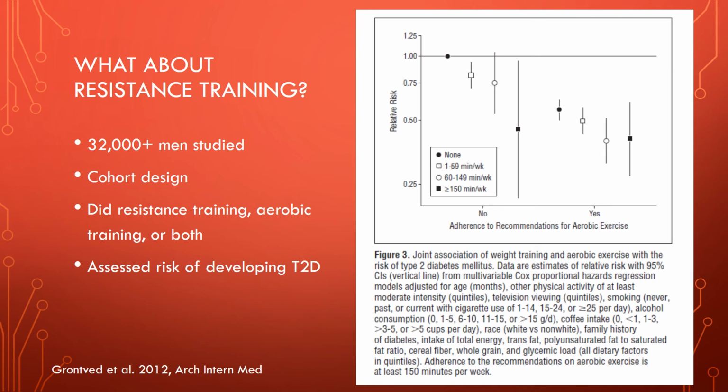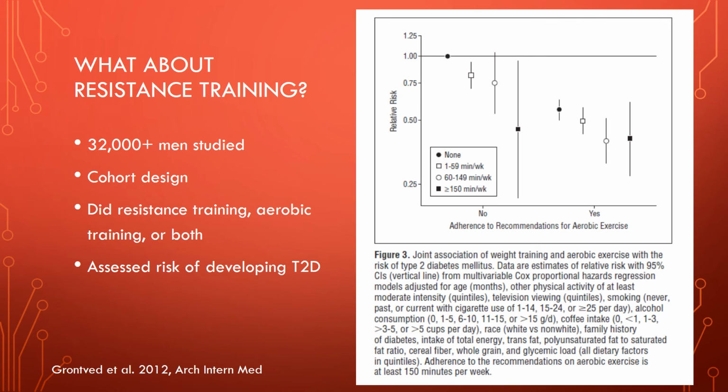So the black circle is none. The white square is between 1 and 59 minutes a week. The white circle is 60 to 149 minutes per week, and the black square is more than 150 minutes per week of resistance training. And then anything below this line at 1.0 was a reduced risk of diabetes.